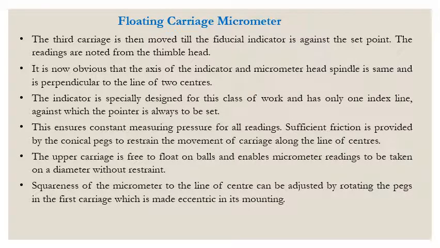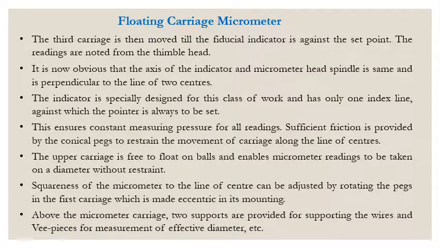Squareness of the micrometer to the line of centers can be adjusted by rotating the pegs in the first carriage, which are made eccentric in their mounting. Above the micrometer carriage, two supports are provided for supporting the wires and V pieces for measurement of effective diameter.